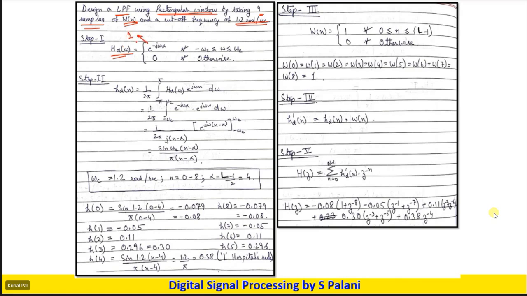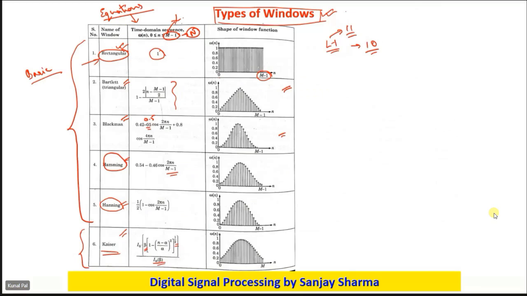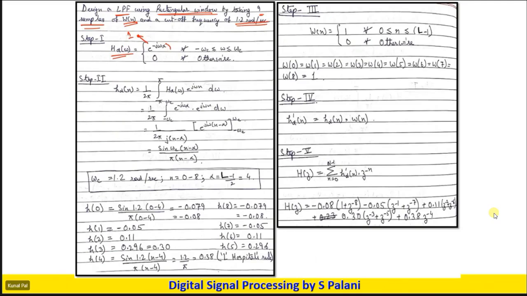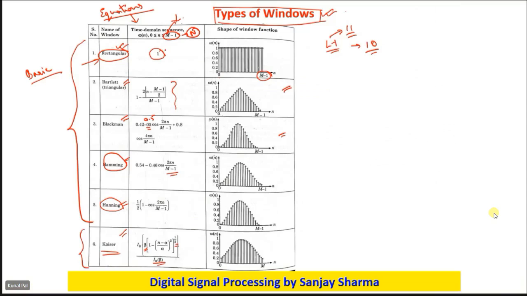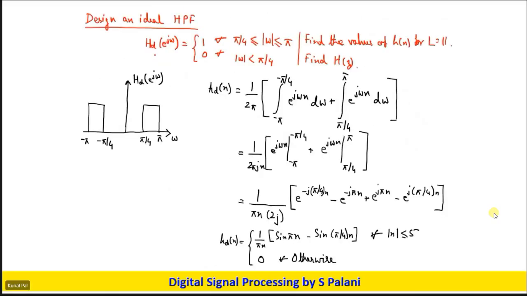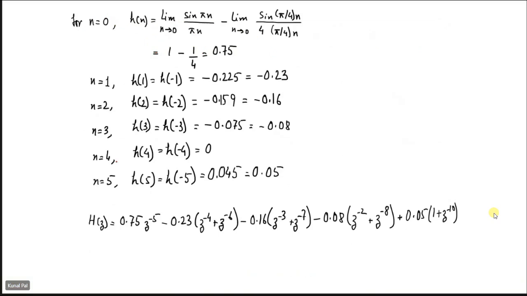But when we are talking about these window functions, we usually take e to the power minus j omega alpha, because in our previous cases we calculated the value from minus n to plus n.